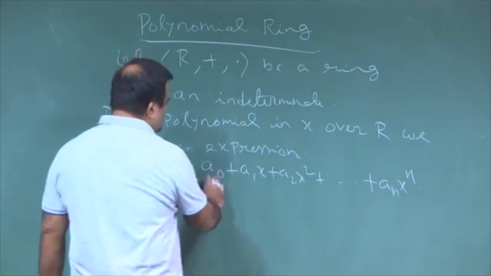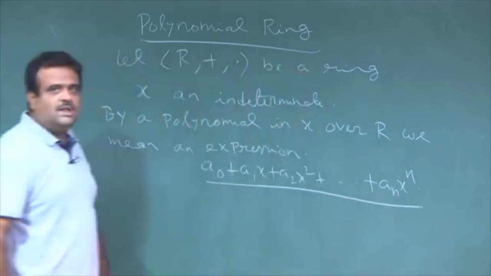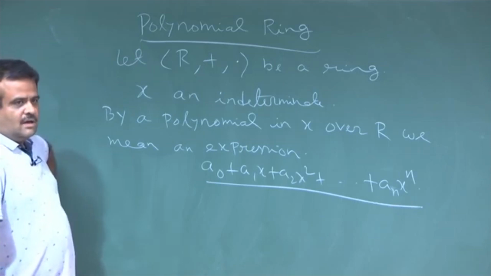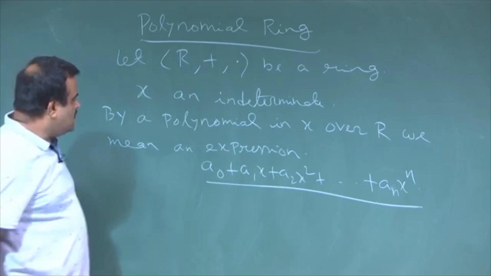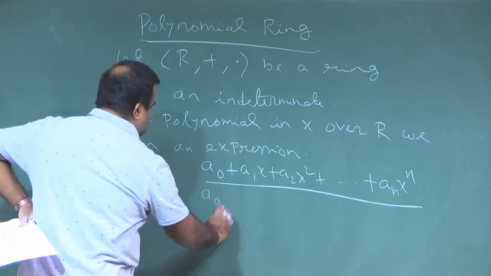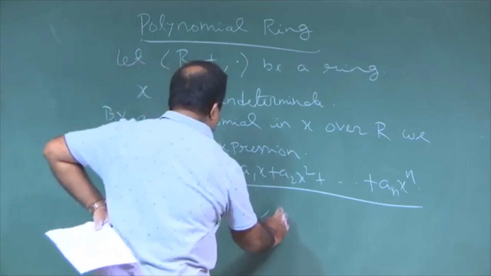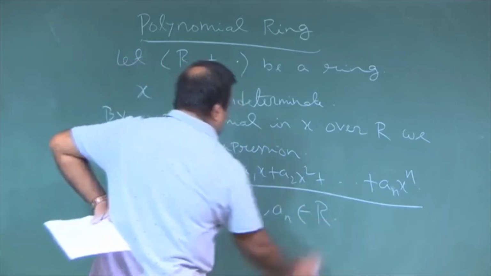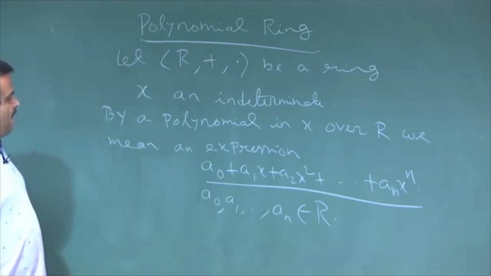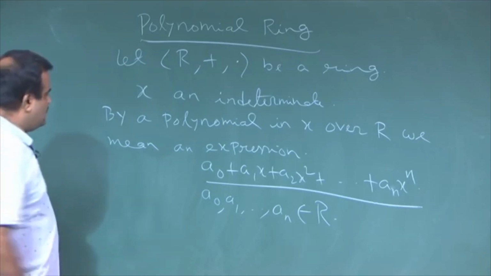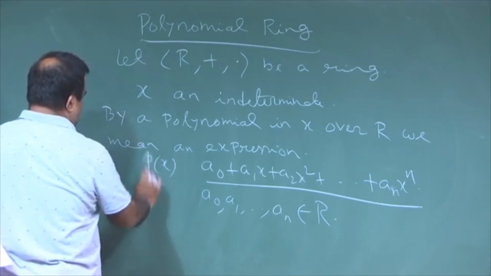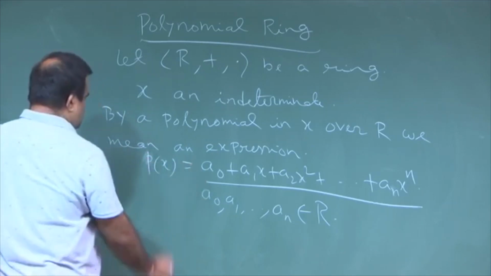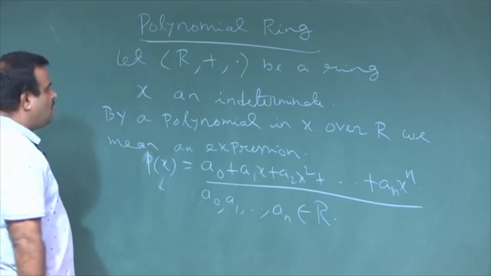This is called a polynomial in the indeterminate x over R. Over R means these coefficients are coming from R. This is called a polynomial of degree n, denoted by small p x. So, this is a polynomial of degree n over R.